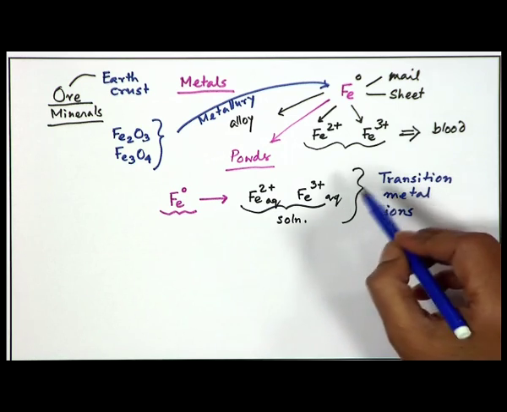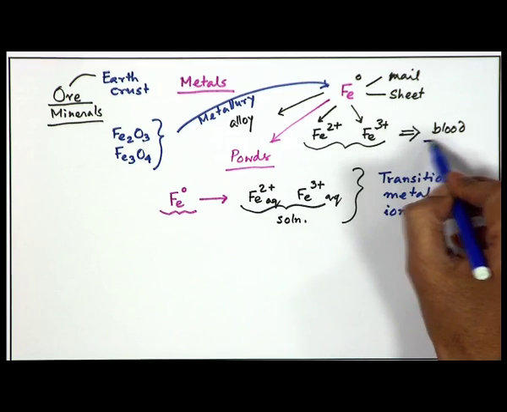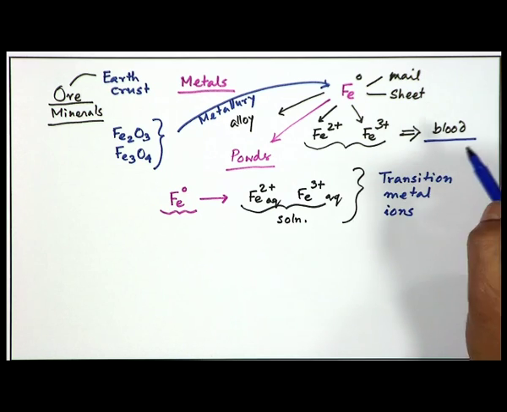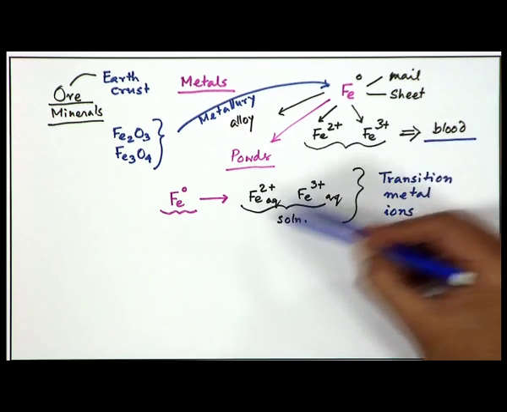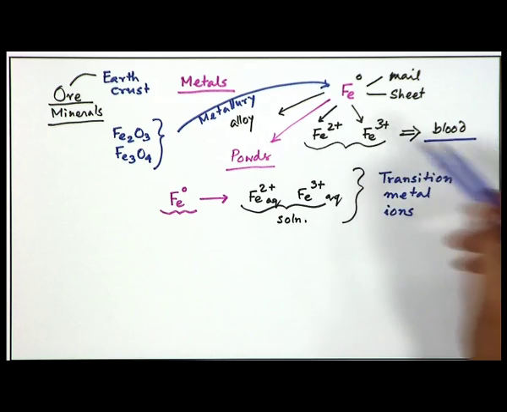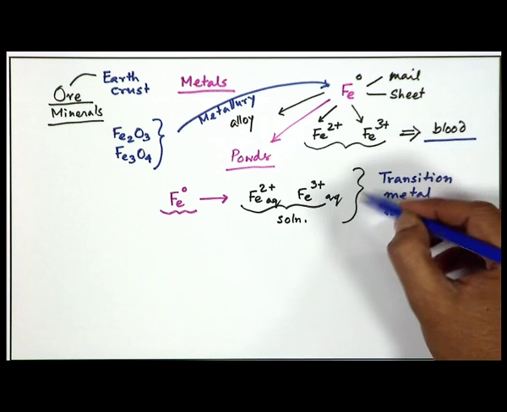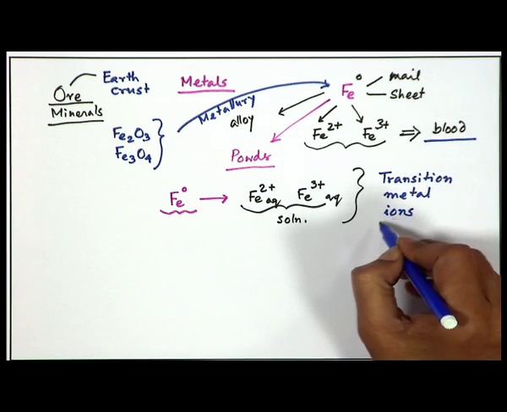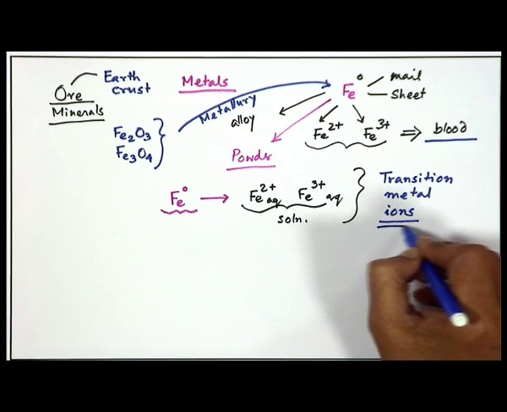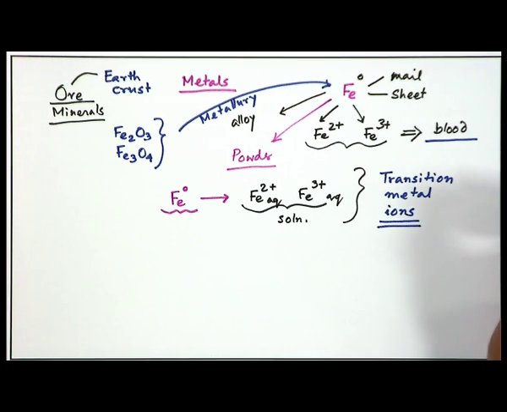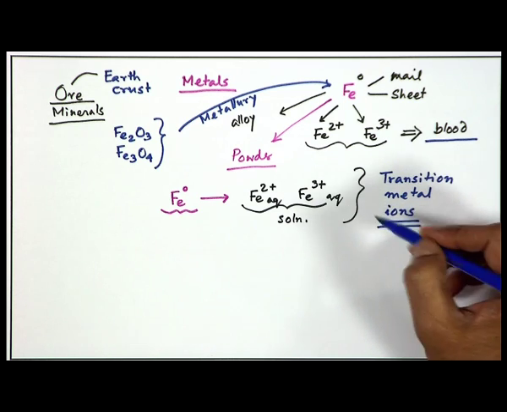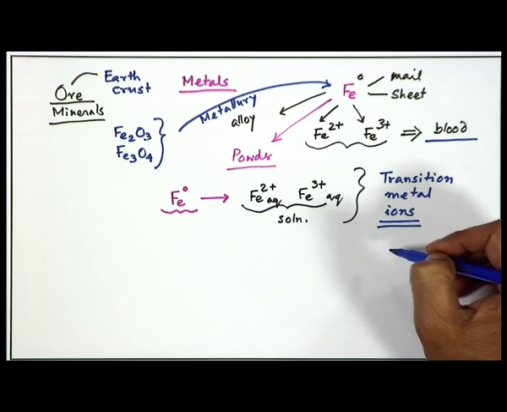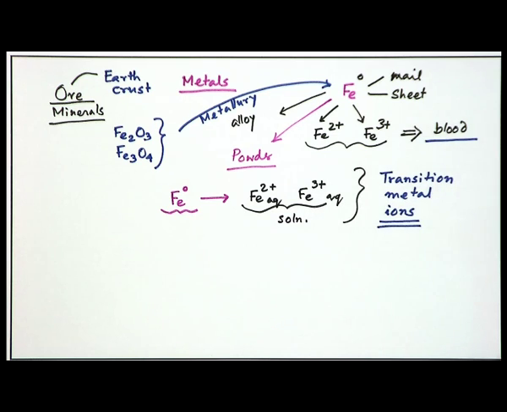Whatever is present in blood, if it is present in these two forms, that means either iron 2 or iron 3, or in any other biological system, we consider those as transition metal ions. So, we should always be particular that we are dealing with ions, not the corresponding metals.